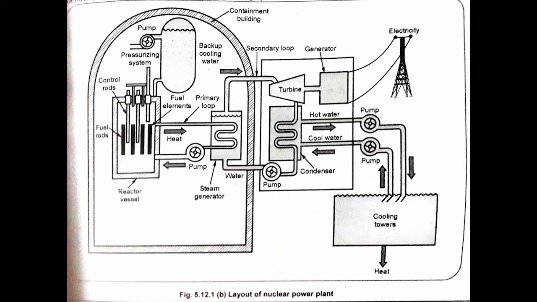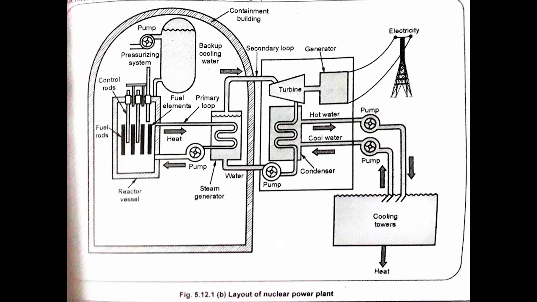The control rods made of cadmium are inserted or withdrawn regularly so that the power demand can be met satisfactorily. When they are withdrawn, the neutrons which undergo the chain reaction are more in number.